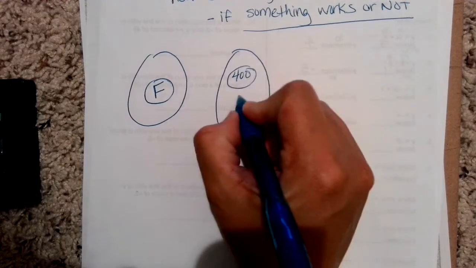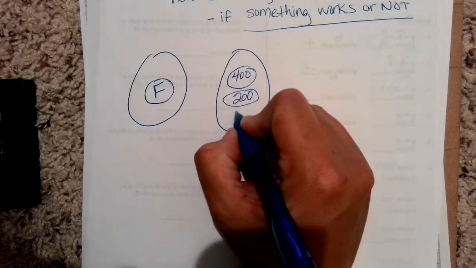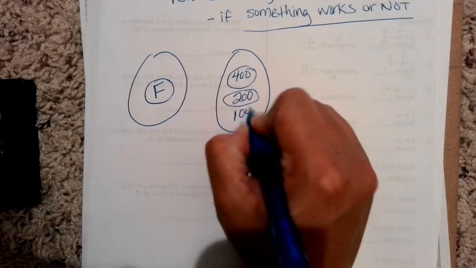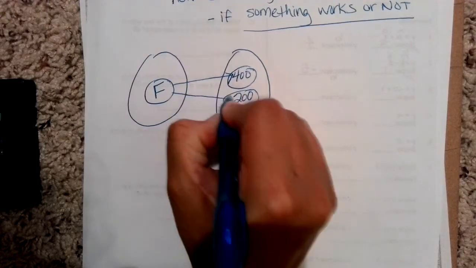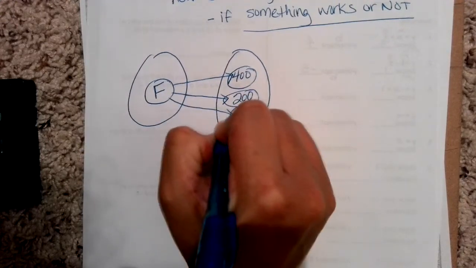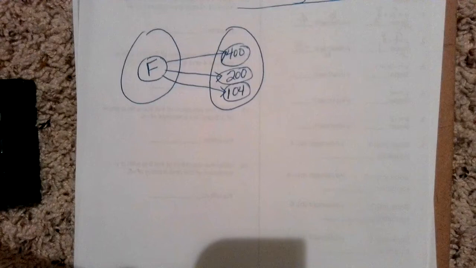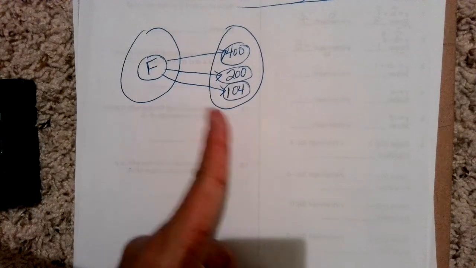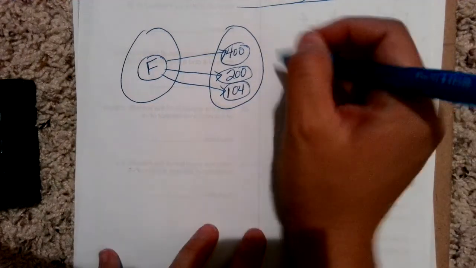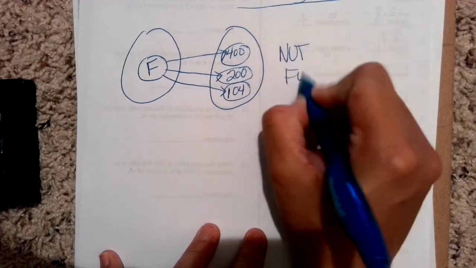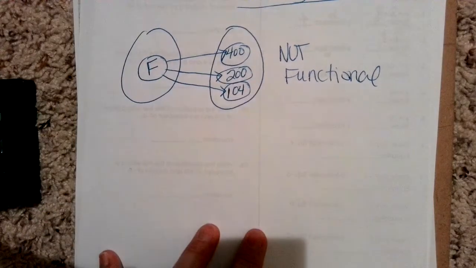I was asked to go teach in room 200, and I was asked to go teach in room 104. So they said, hey, Miss Fuentes, at 9:30, go to all these spots. Is that going to work or not, for me to go to 3 different locations at the same time? It's not, is it? This is not functional for one person to go to 3 different places at the same time.